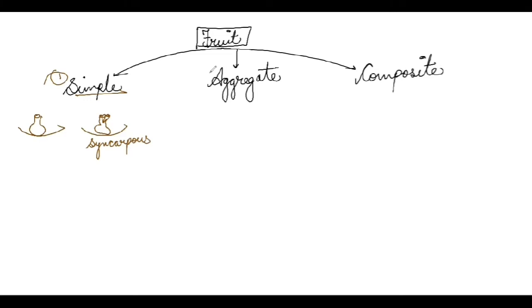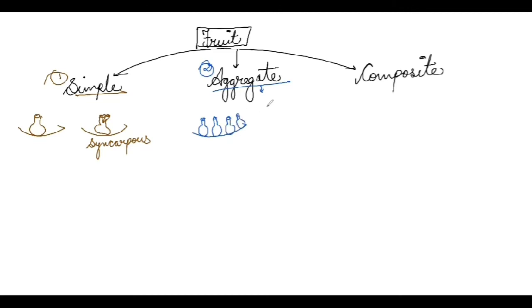Then we get the second type of fruit, aggregate fruits. The word aggregate means collection. When so many carpels or pistils are present on the thalamus, I'll show you how they are present. They are just present separately, and each of them will form their own fruit.